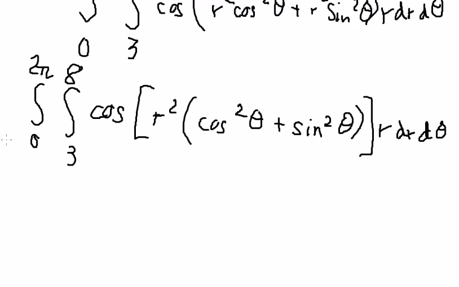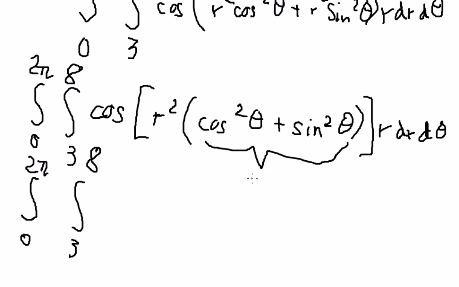So we got this one, you got 1. So we got r cosine r squared dr d theta.